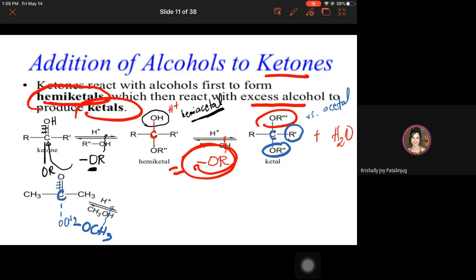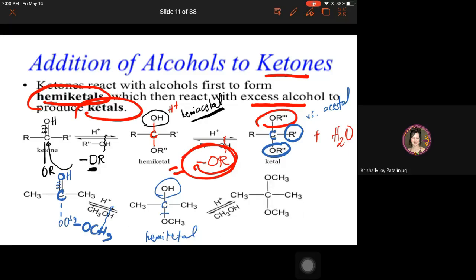Unsay mahitabo sa O, mag-pick up siya og hydrogen in the reaction. So that will form hemiketal. Again, hemiketal, hemi kay naay OH, attached on the same carbon naay OR, wala nay presence of hydrogen. That's hemiketal. From hemiketal, that can be further added with excess alcohol.